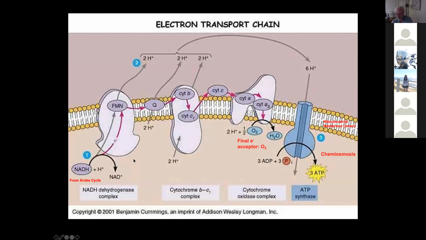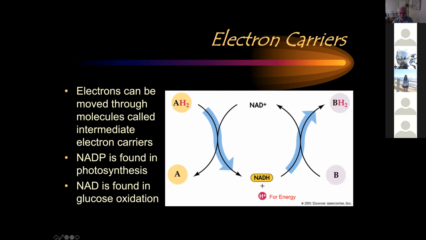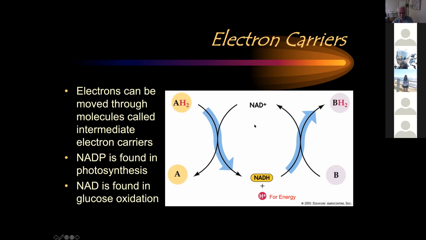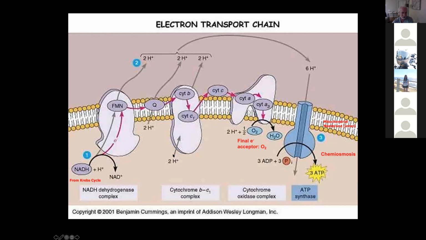So what's the beginning of electron transport from the Krebs cycle? If you go back here, the Krebs cycle produces a lot of NADH and FADH2. So now we have the electron transport chain within the inner mitochondrial membrane.